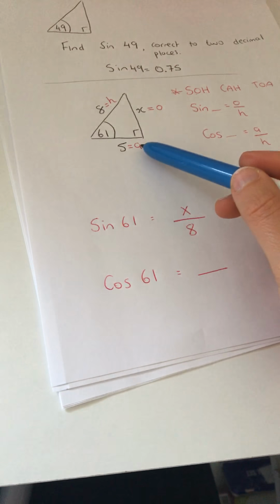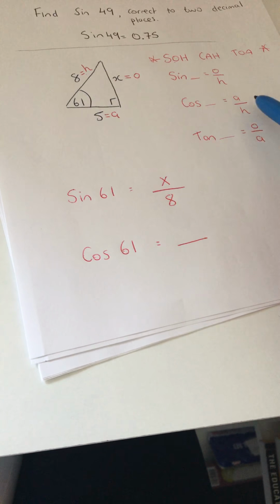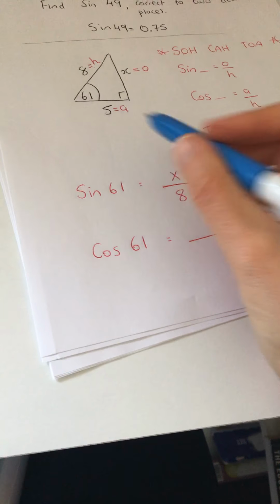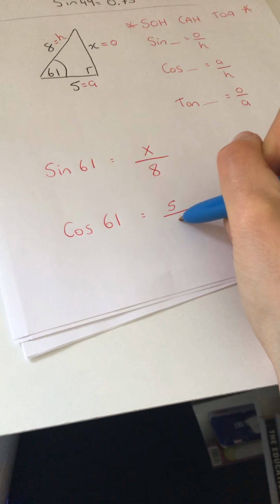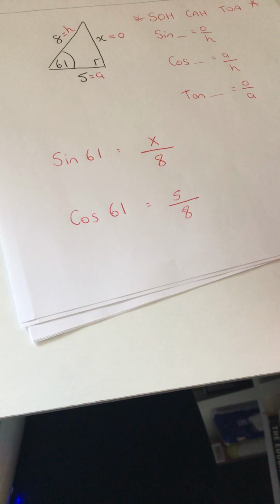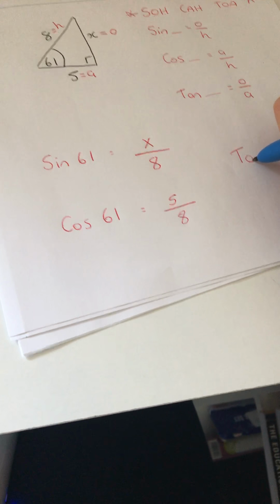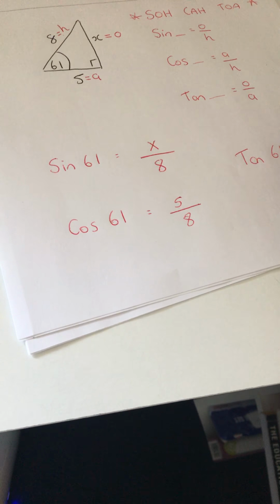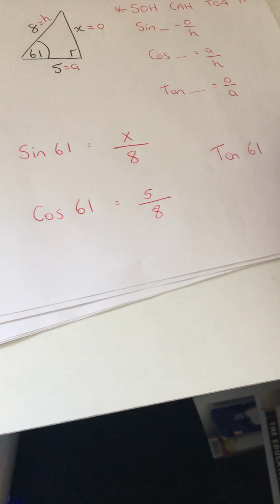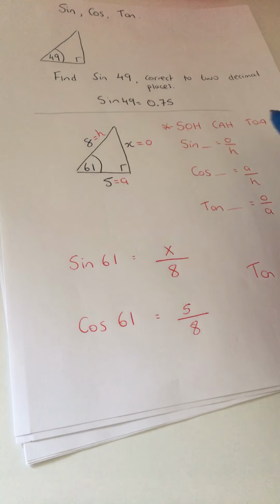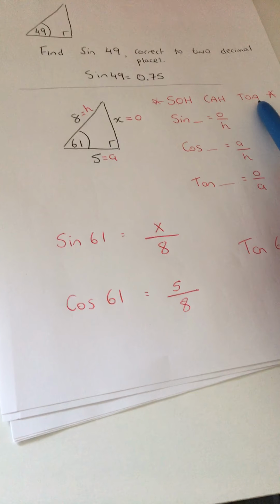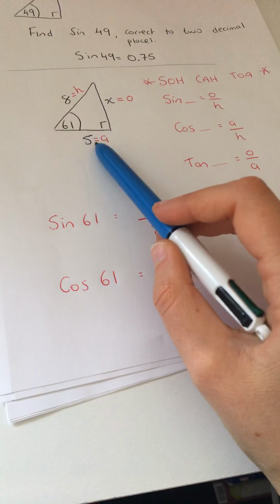Cos is adjacent over hypotenuse, so it is 5 over 8. And then they could also ask, what is tan 61 as a fraction using this triangle? So tan is opposite over adjacent, X over 5.